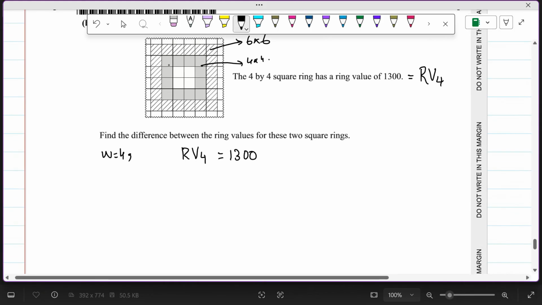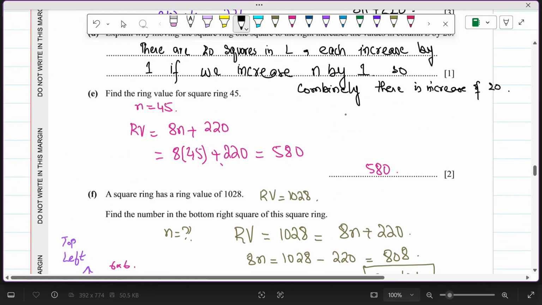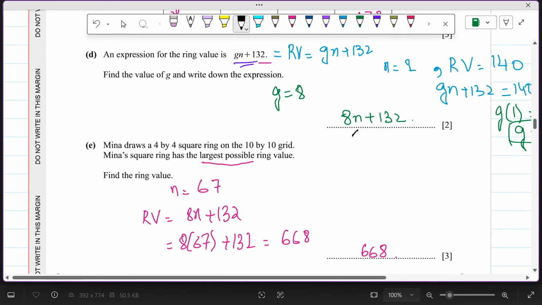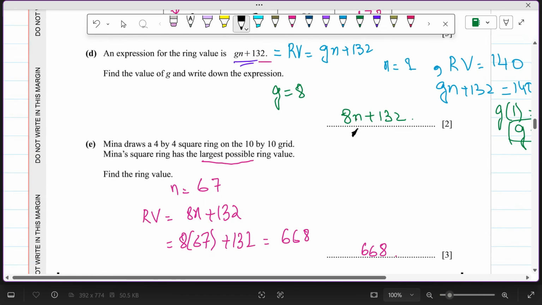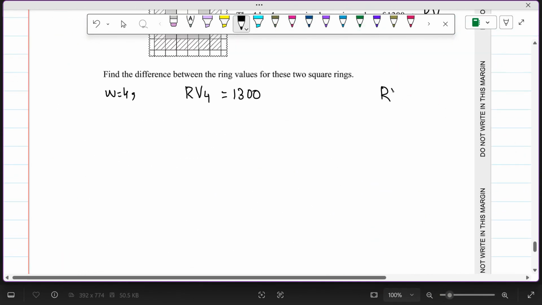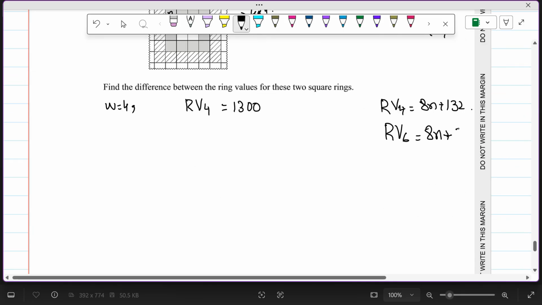First we find the value of n in this case. Okay, this is the expression for the 4 by 4, which is 8n plus 132. RV4 is equal to 8n plus 132. We also need the ring value for the 6 by 6. So ring value 6 is equal to 8n plus 220. This is the ring value for the 6 by 6.